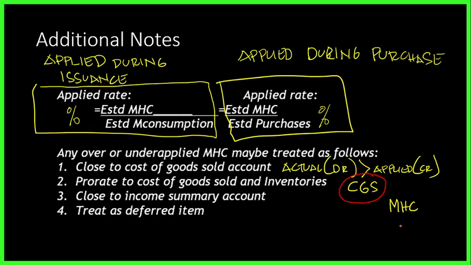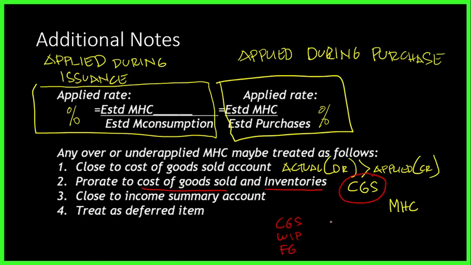Now, if you want to be more specific, you can prorate that with the cost of goods sold and your inventories. Okay, so you have cost of goods sold, work in process inventory, and finished goods inventory. In the same manner as how you allocate the over or under applied factory overhead, no?